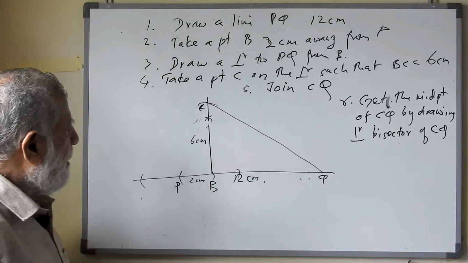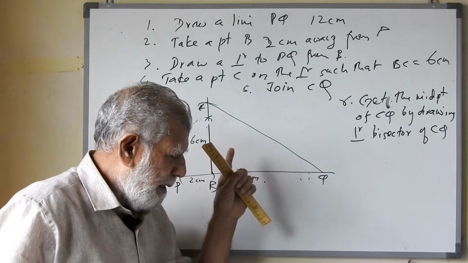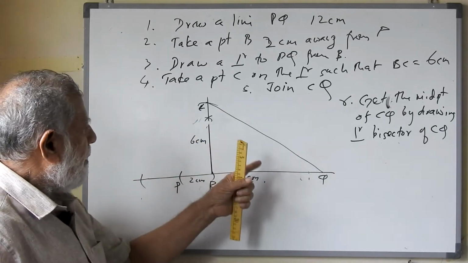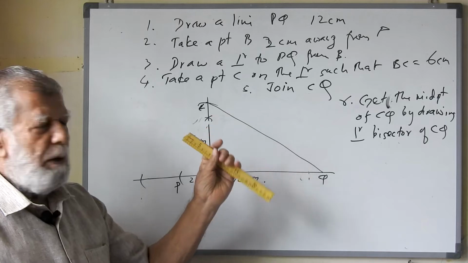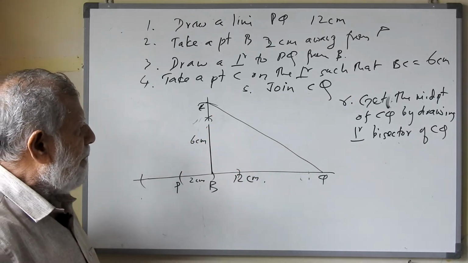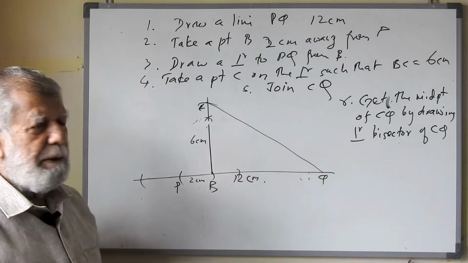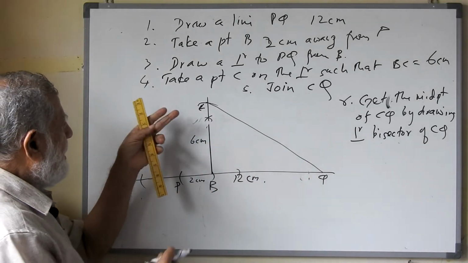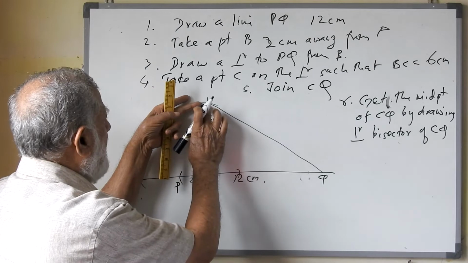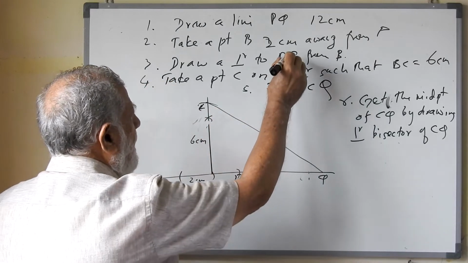Now we want to get the midpoint of CQ. With the ruler we don't normally do it. The safest way will be the construction method. You draw the perpendicular bisector of CQ. How to draw the perpendicular bisector of CQ? With the compass, keep the compass here, and with the pencil draw an arc.